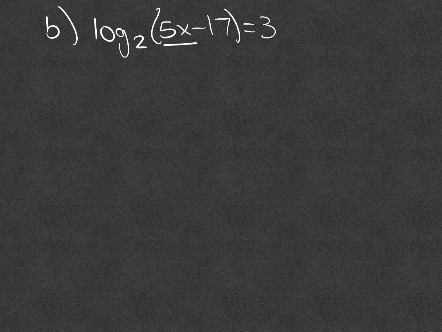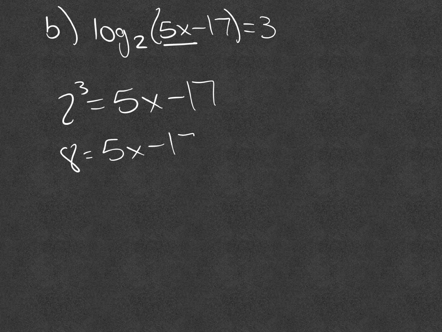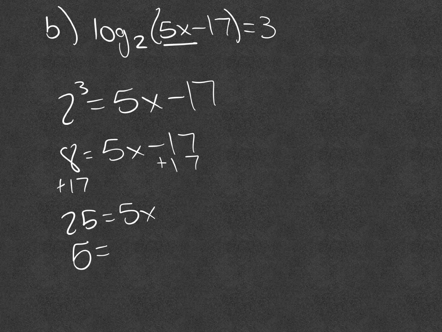So let's go ahead and rewrite to 2 to the third equals 5x minus 17. That gives us 8 equals 5x minus 17. Add 17. You get 25 equals 5x, and 5 equals x, and that is it.